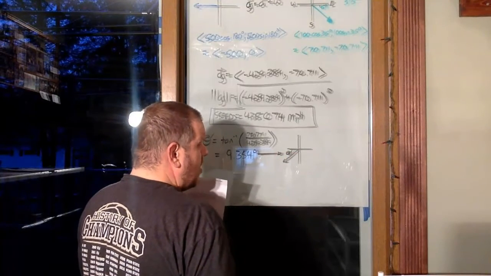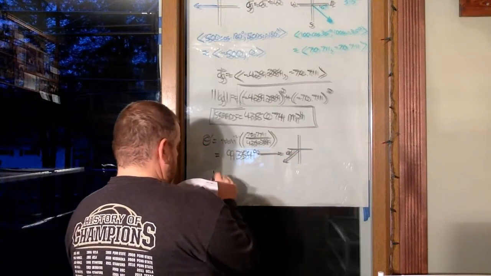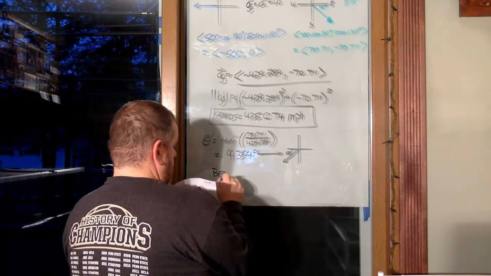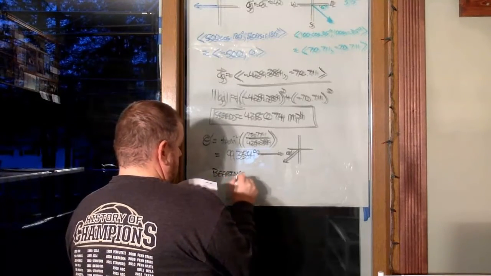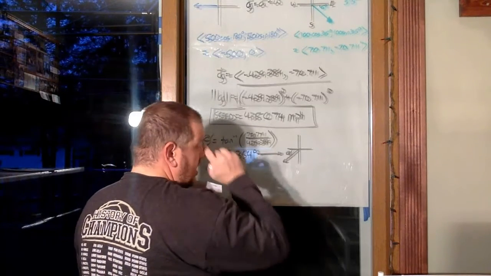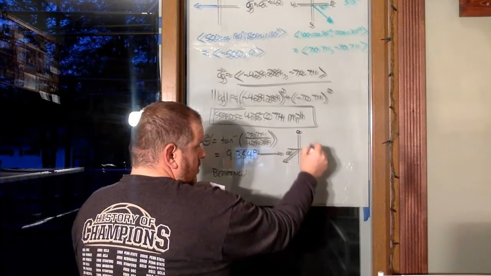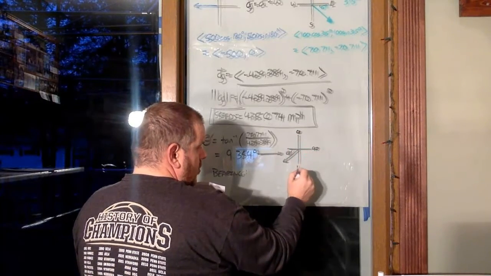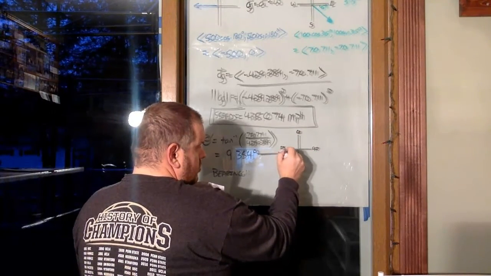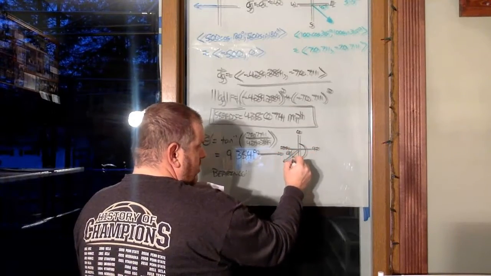My bearing angle would be, this is 0, 90, 180, 270. So that's my bearing angle all the way around there.